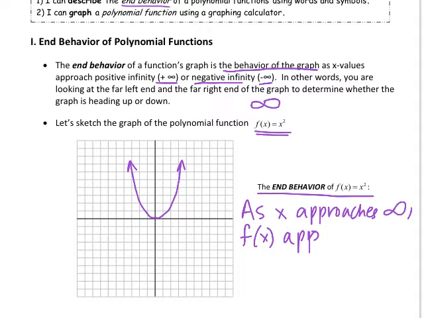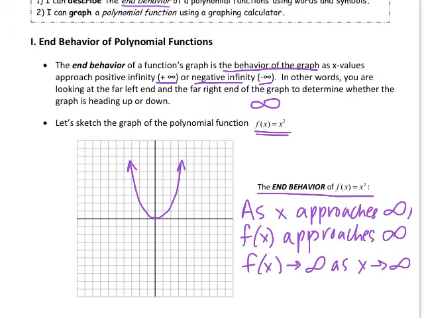So let's look at the graph, and I'm going to point out a couple of things so that we can see what that means. In symbol form, f of x approaches infinity as x approaches infinity. So I've written it out in words, but I've also written it here in symbol form, and that's the one that you want to get used to.